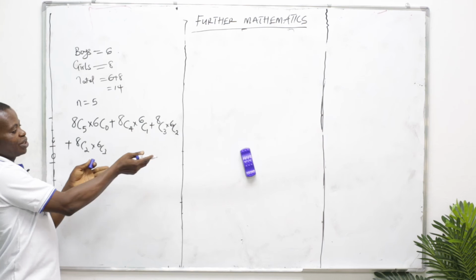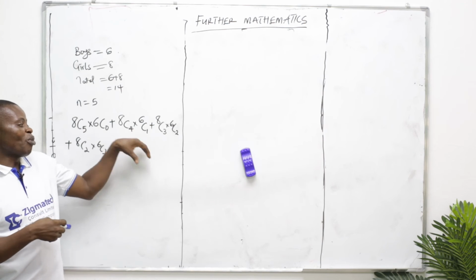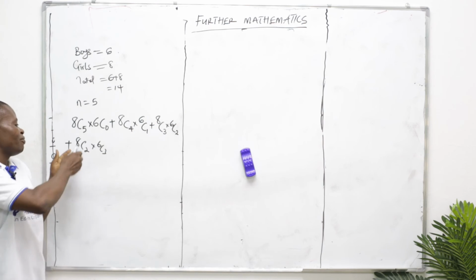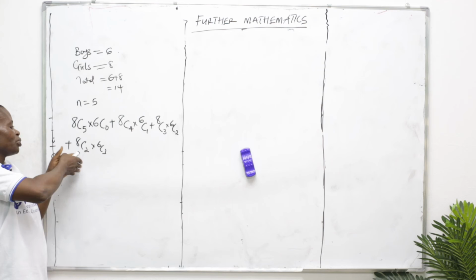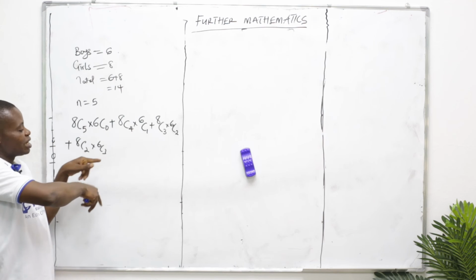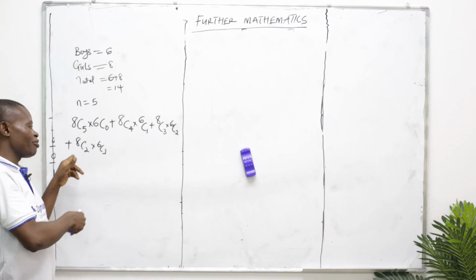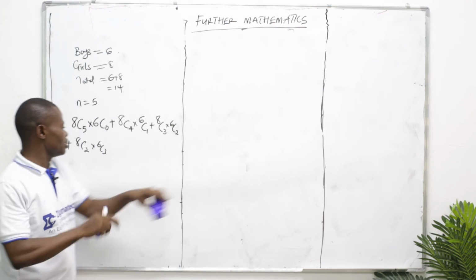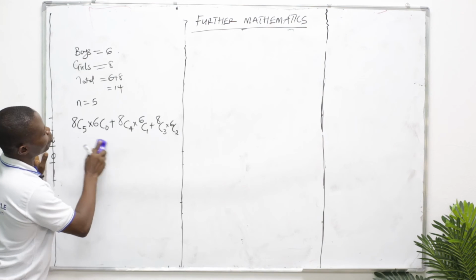Can you notice something? The instruction was more girls than boys. If we include 8 combination 2 times 6 combination 3, you can see now boys are more than girls. Therefore, this is not necessary. So you are going to stop here.